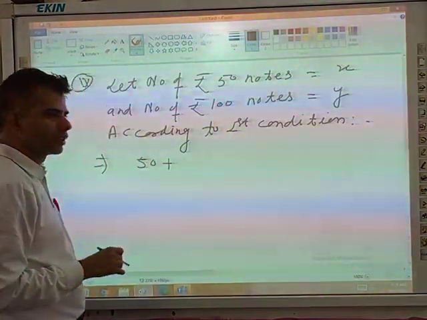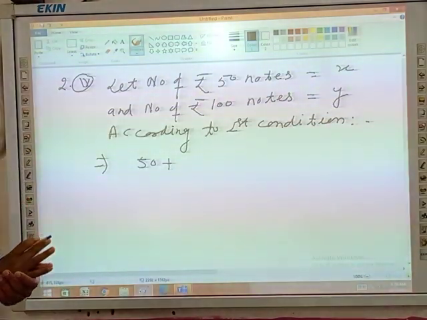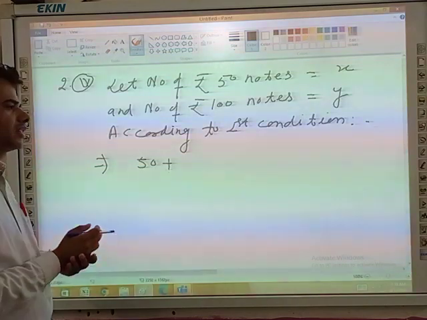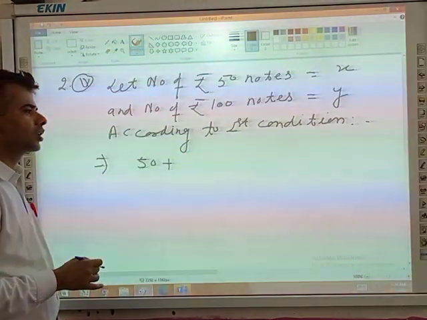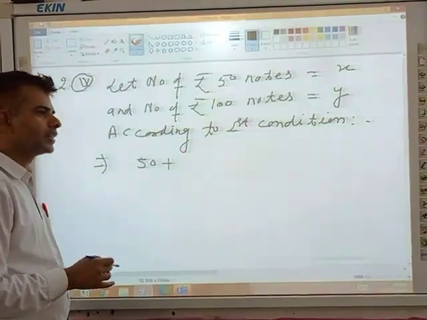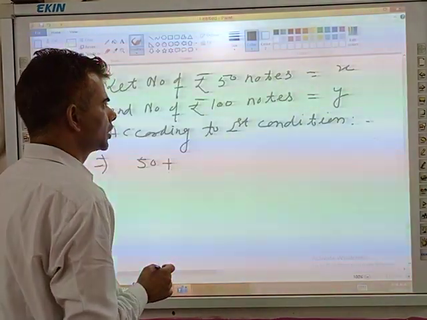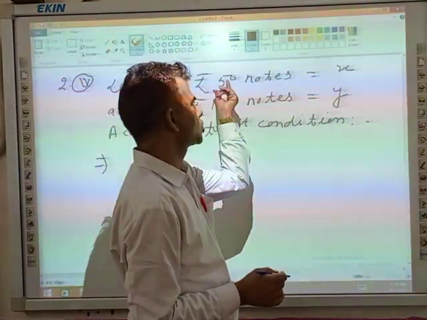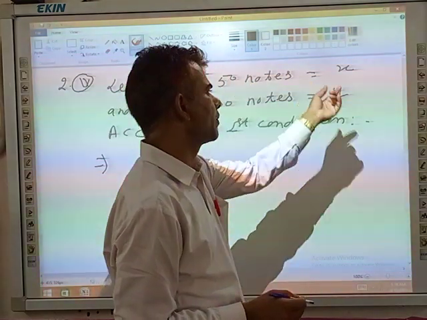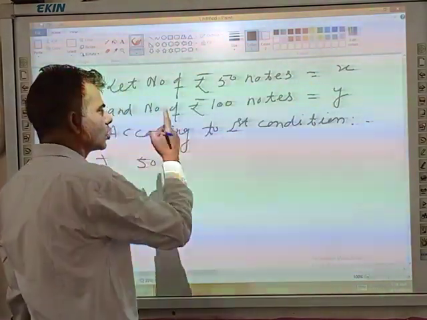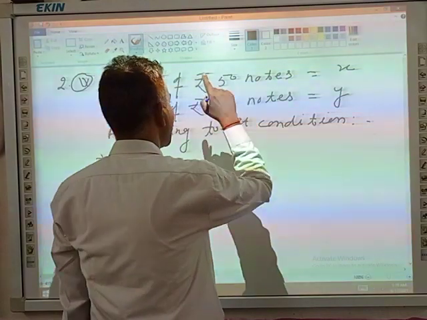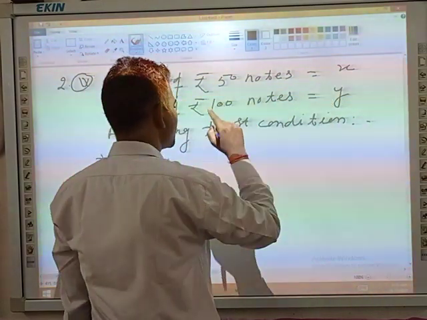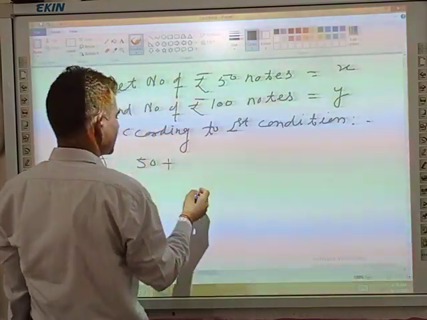If you have 1000 rupees notes 4, then the amount will be 4000, 1000 into 4. Here the 50 rupees notes amount will be 50x, and 100 rupees notes are y, so the amount of 100 rupees notes will be 100y.